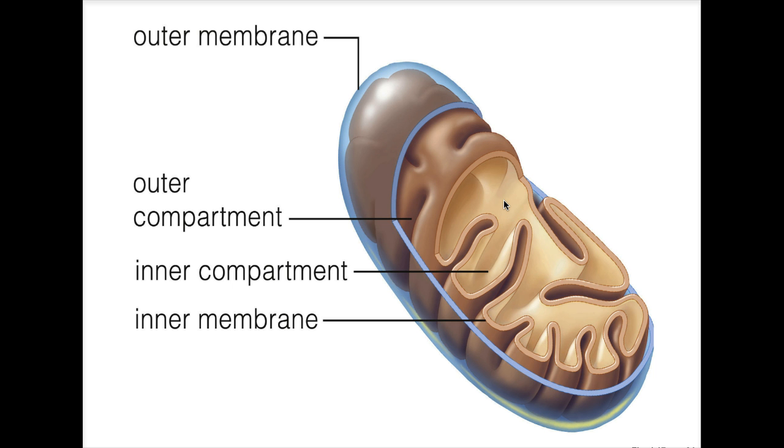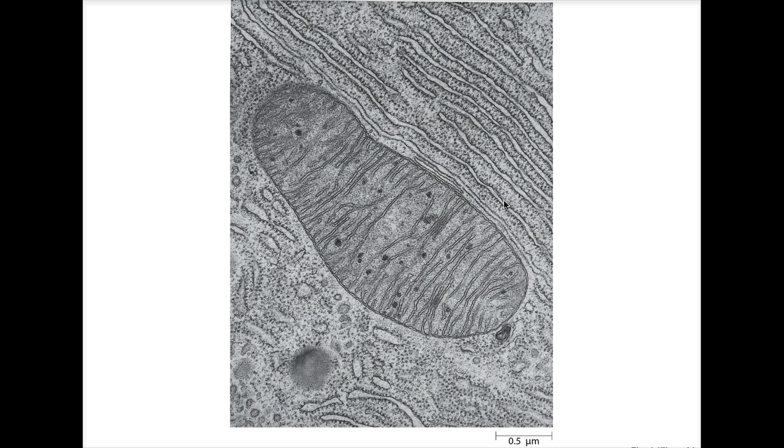And all of these divisions or compartments enable the organelle to properly function to produce ATP. We'll go through more detail of the structure of the mitochondria in week 3.